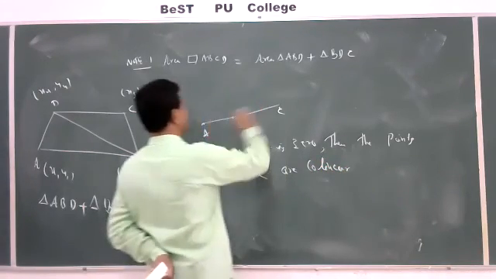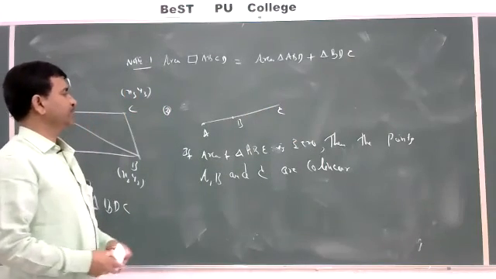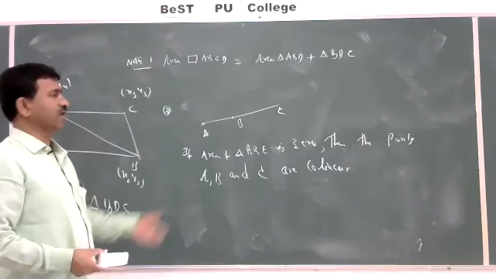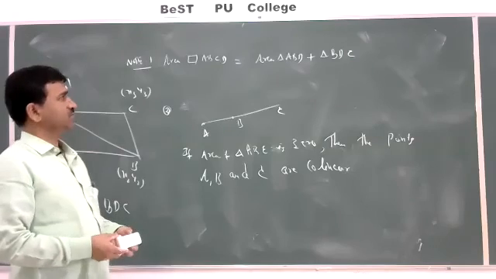Collinear means the points lie on the same line. Collinear points: condition for collinearity by using the area of the triangle ABC formula.